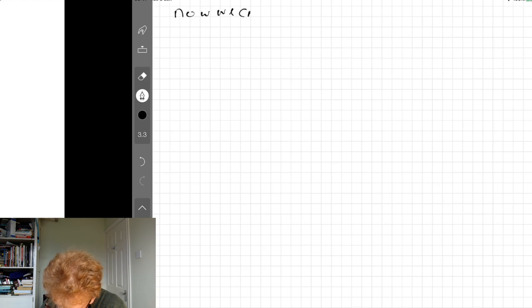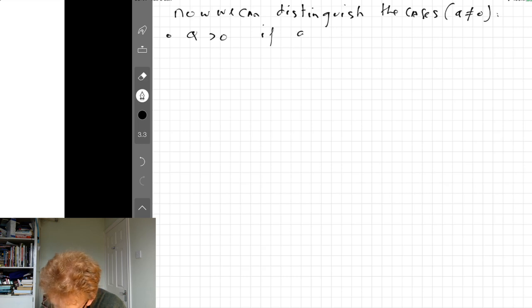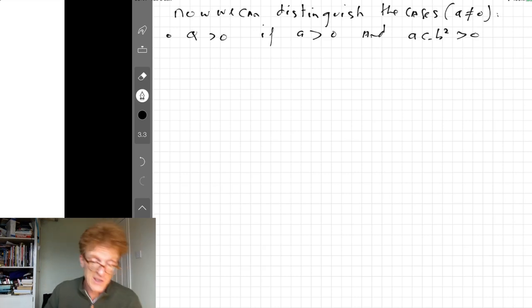Recall a is unequal to 0, as follows: q is bigger than 0 if a is bigger than 0, and if a is bigger than 0, then ac minus b squared needs to be bigger than 0 for the second square to have positive coefficients.